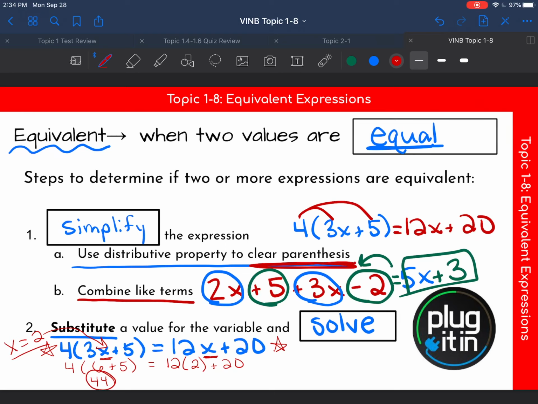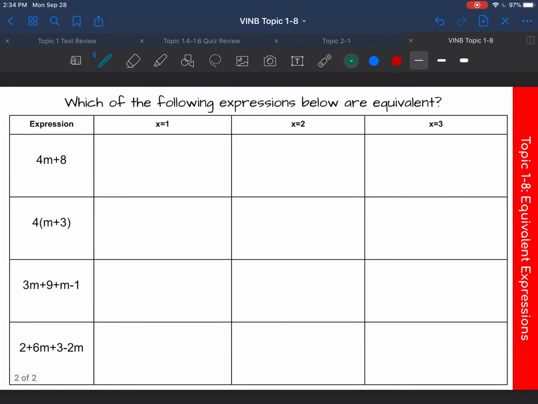On this side, 12 times 2 is 24 plus 20 is also 44. So by plugging the same number into the variable on both sides, we got 44 on both sides, which tells us that both of these expressions are equivalent.